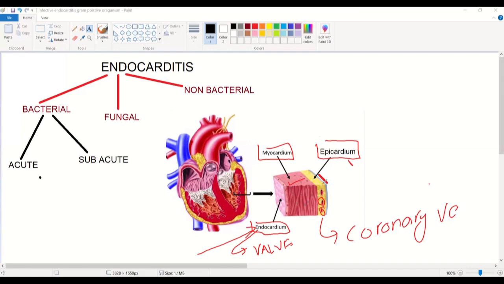So this yellow one shows the epicardium. Epicardium is also known as the visceral pericardium.